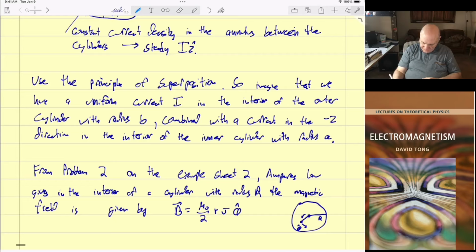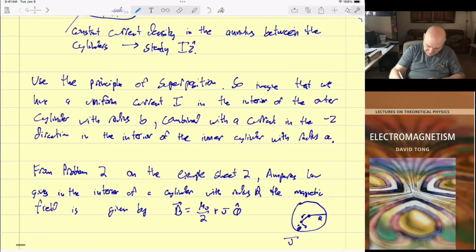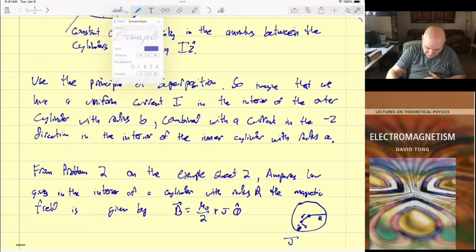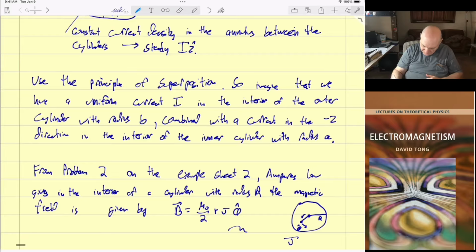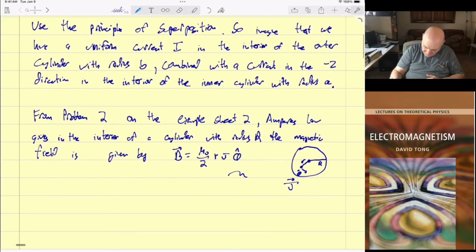And so J is equal to I z-hat over pi r squared.